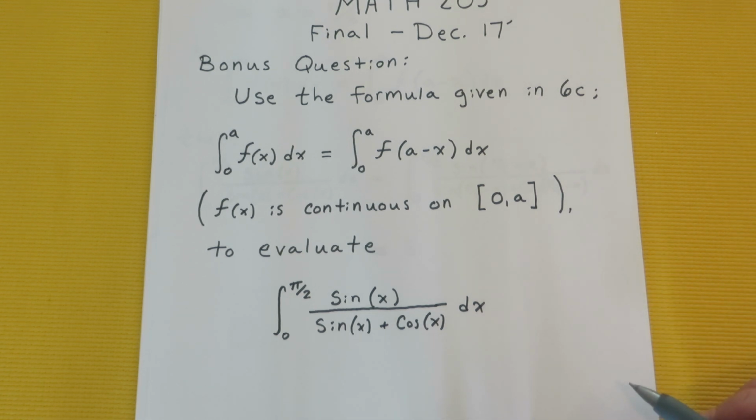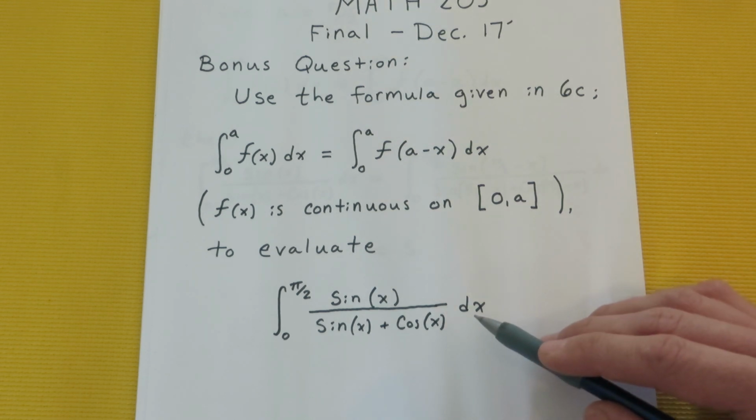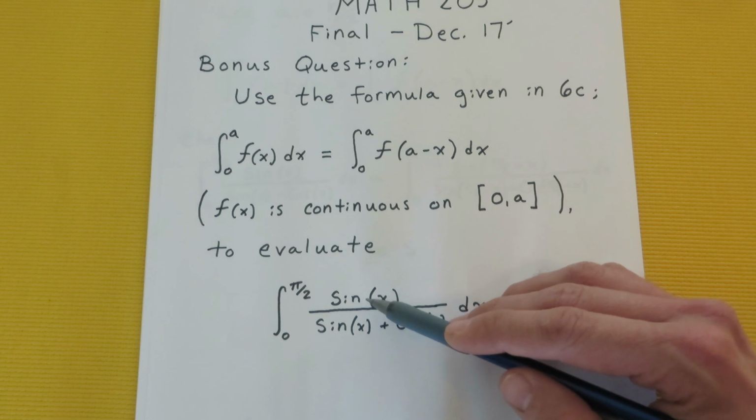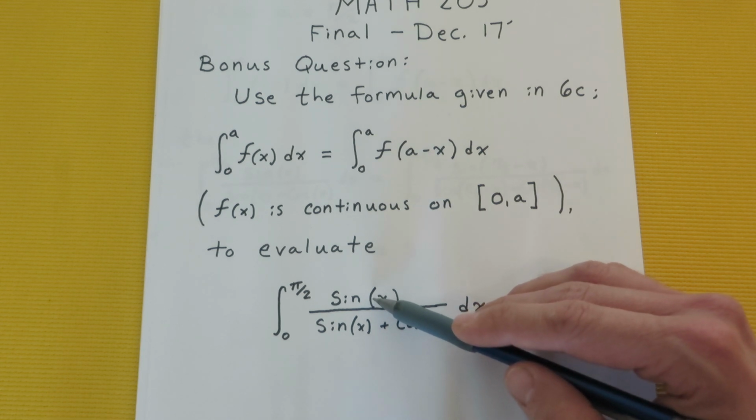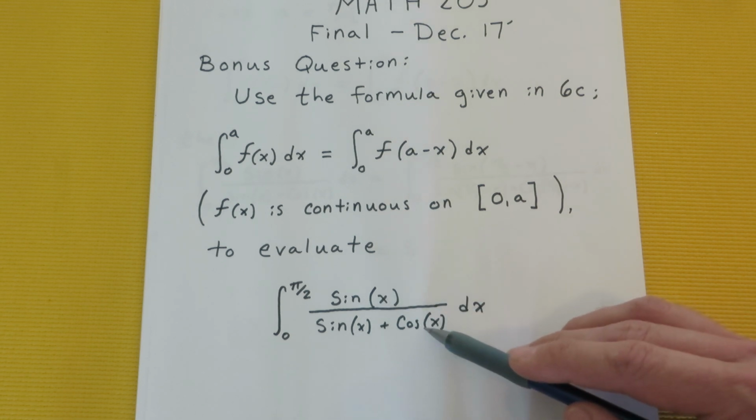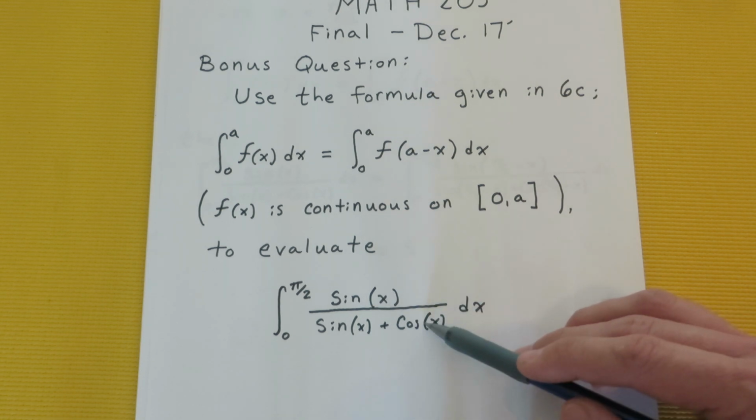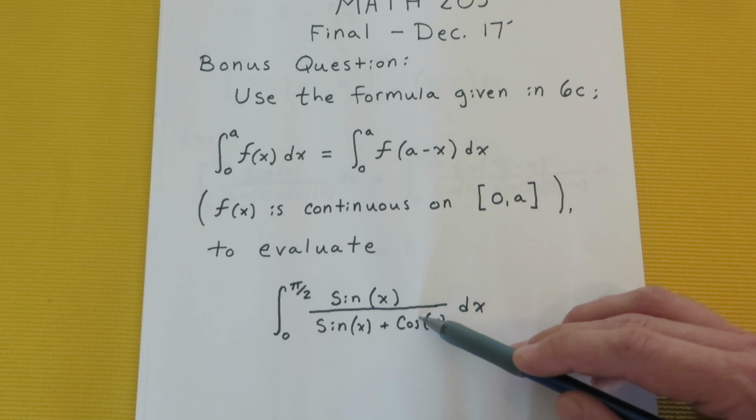As soon as you try that, you'll realize this is a lot more complicated than it looks. For example, if you have sine of x as your u, then your du would just be cosine of x, but then your cosine of x is trapped down here in the denominator.